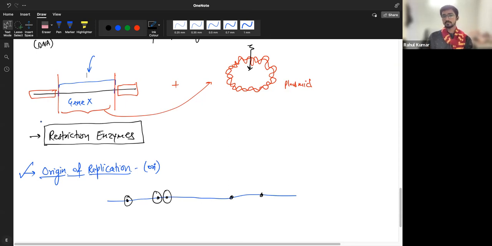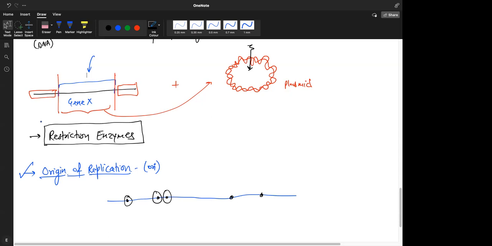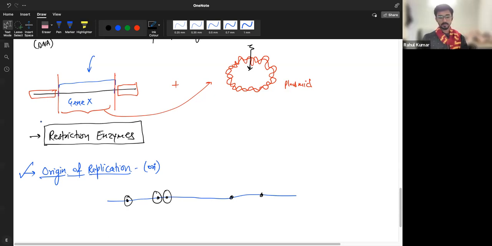Yes or no? Yes, sir. So what to do? If you don't have something, get it. We also need an origin of replication sequence now along with our gene of interest.